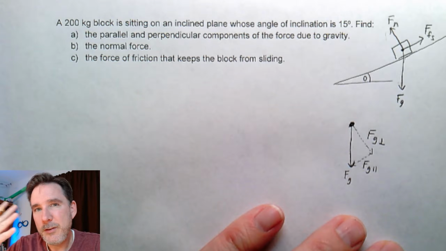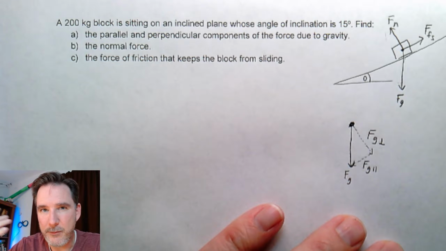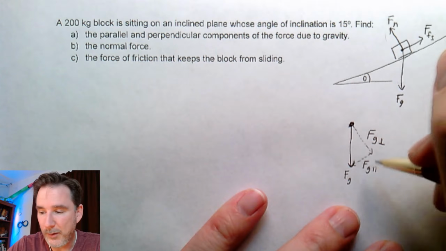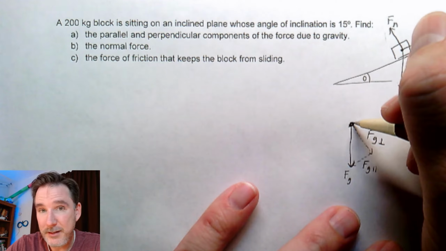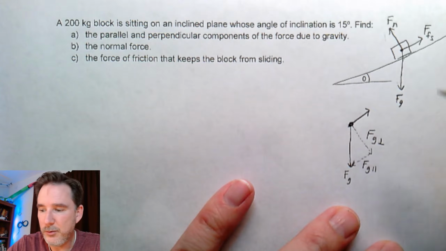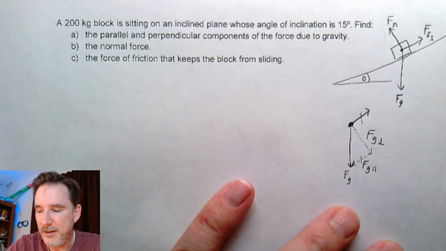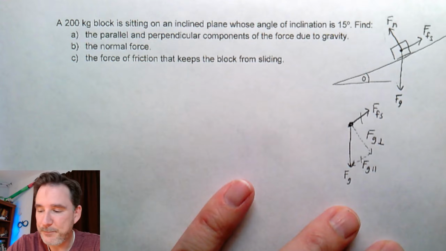Okay, so this gives us a better visual about the relative sizes of all the force vectors that are involved. The force of gravity that's pulling it down the ramp, this FG parallel, is being balanced out and canceled out by the frictional force that we drew earlier. So I'm going to try to draw this arrow about the same size as that arrow to represent my force of friction, static friction.